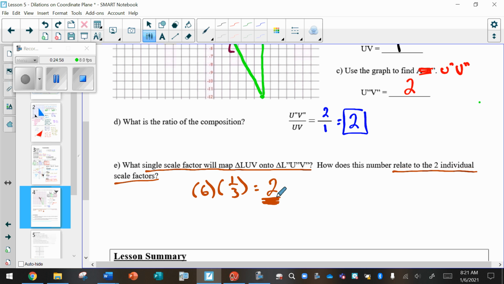So in your transformation and composition, if there is more than one dilation, you multiply the different scale factors together to figure out the overall final change from original pre-image to the final image. If there's only one dilation, you use that one scale factor. But if there is more than one dilation, you multiply the scale factors together to determine the overall ratio from pre-image to final image.